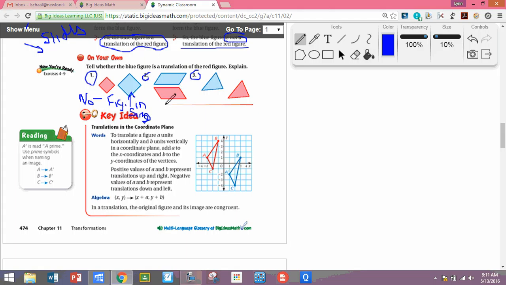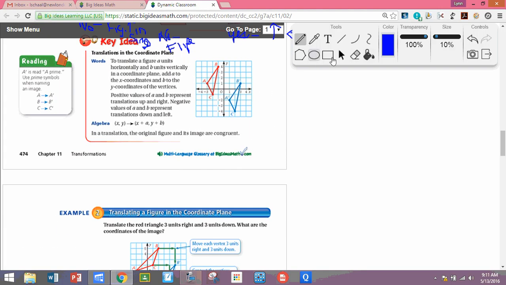Number 2 is also not a translation because it flips, and a translation, again, is in the same direction. And then number 3, yes, number 3 is a translation. Why? Because we're going from red to blue, so it moves up and it moves to the left, up and left, or left and up, okay?